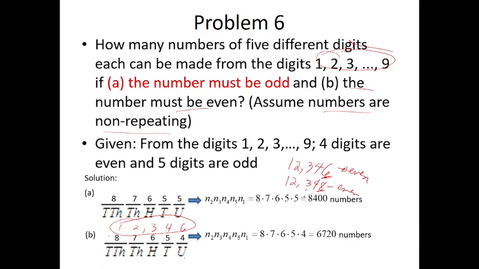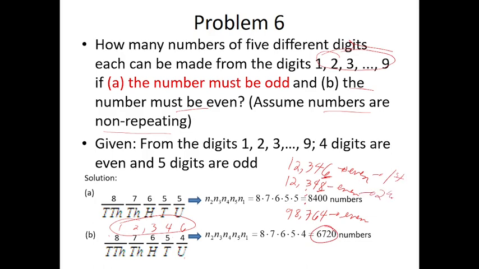And until we reach 98,764. This is the last even number. So this is the first among 6,720 numbers.